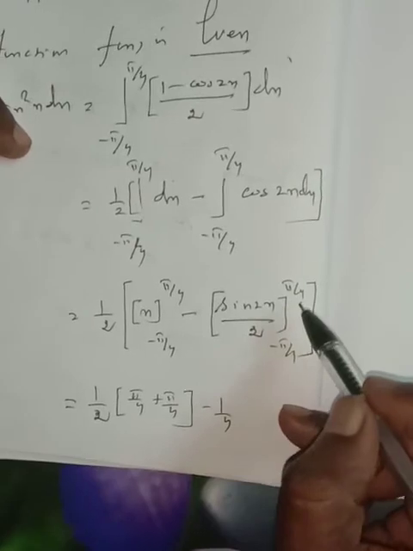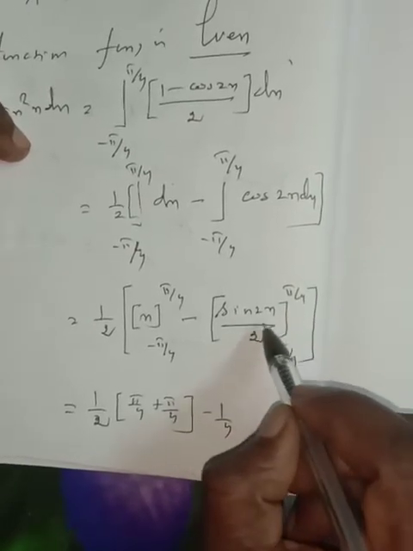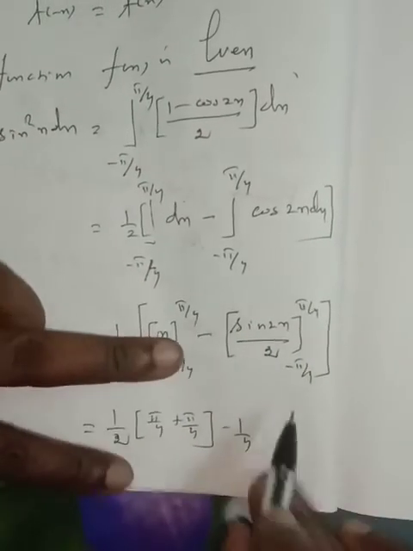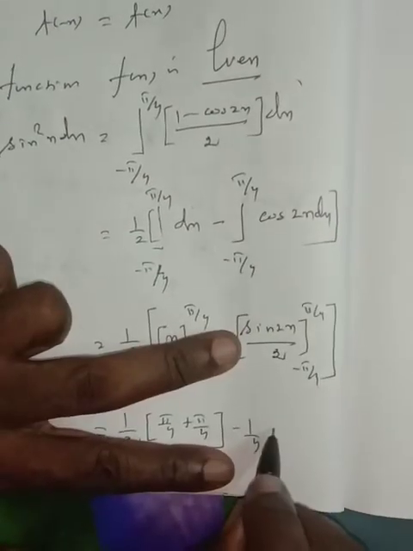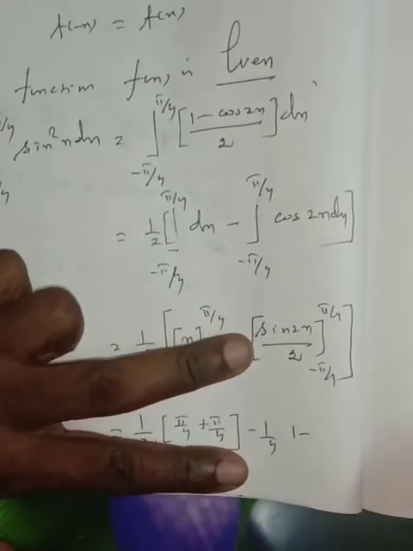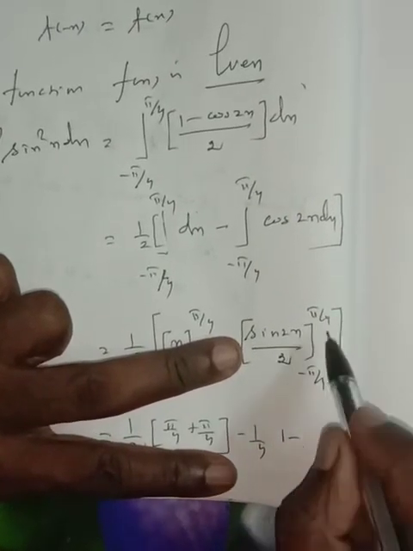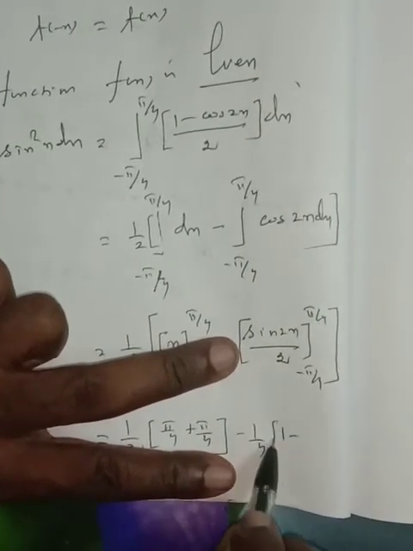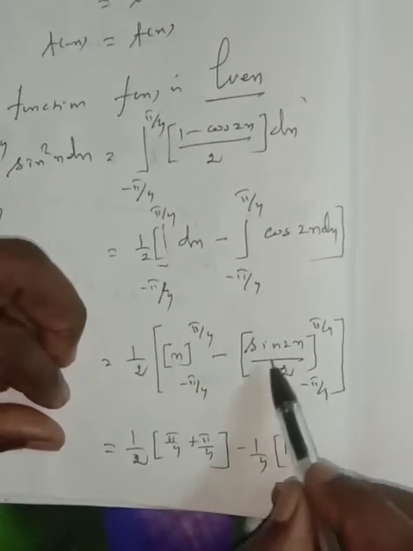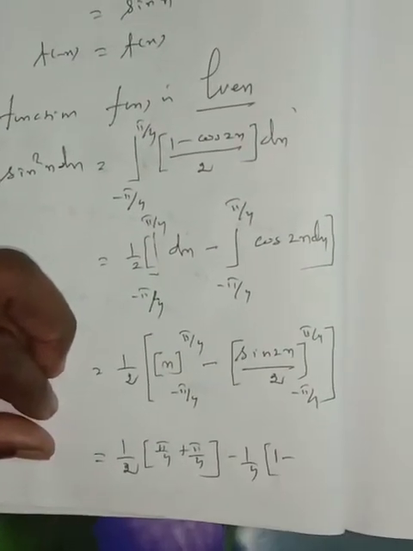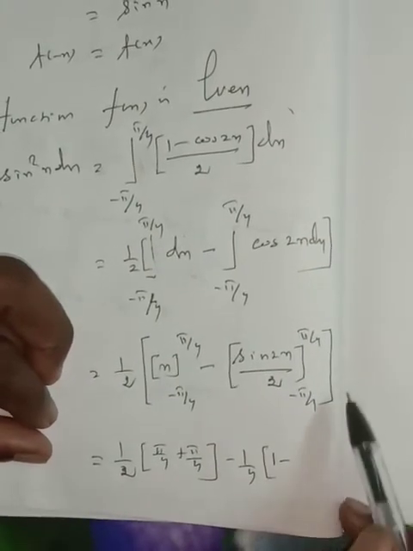Applying pi by 4, sin pi by 2, sin pi by 2 is 1, 1 divided by 2, no, 1 minus, bracket, applying pi by 4, pi by 2. Sin pi by 2 is 1.